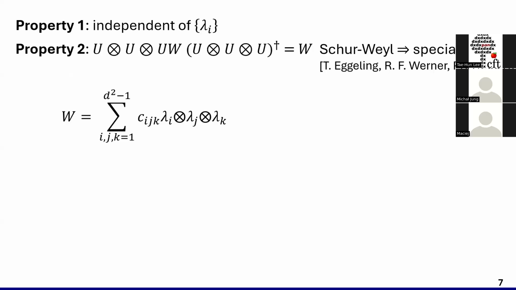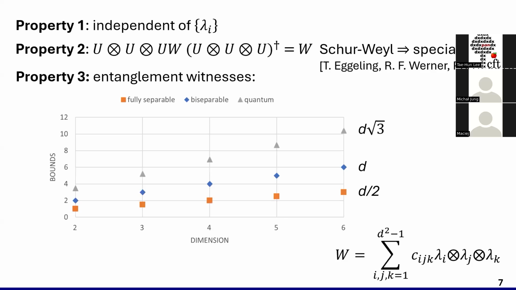If we do so with this operator W, we find that this is a special case of the operators considered in the paper by Eggeling and Werner. And so, as there, also in our case we can use this operator as an entanglement witness.